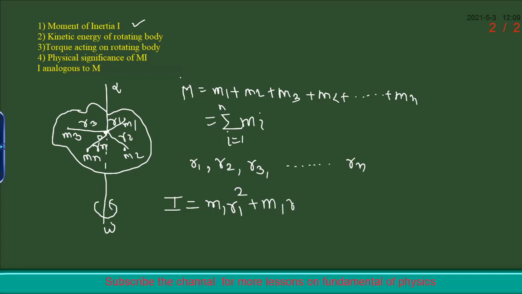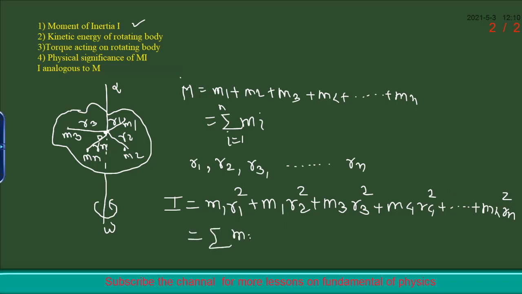That is M1 R1 square plus M2 R2 square plus M3 R3 square plus M4 R4 square plus, last, Mn into Rn square. This can be written in summation form, sum of Mi into Ri square, i from 1 to n. This is the moment of inertia.